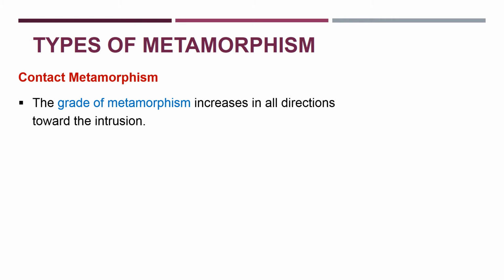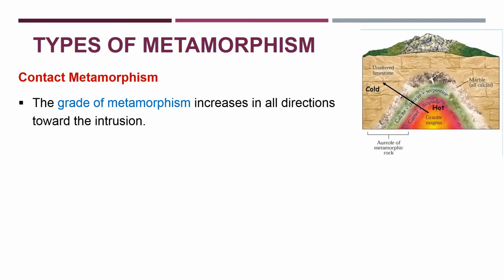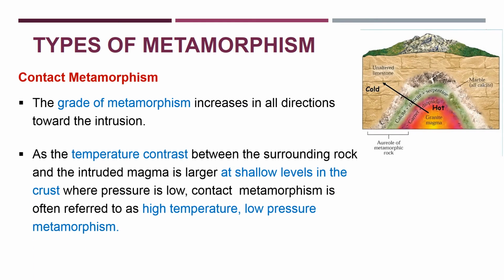In contact metamorphism, there is a grade of metamorphism. It increases in all directions toward the intrusion. As you travel toward the intrusion, you will find the metamorphic grade is higher and higher. When the surrounding rocks are shallow, like sedimentary rocks, the temperature contrast between the intrusion and the surrounding rock is very high, especially at shallow levels in the crust.